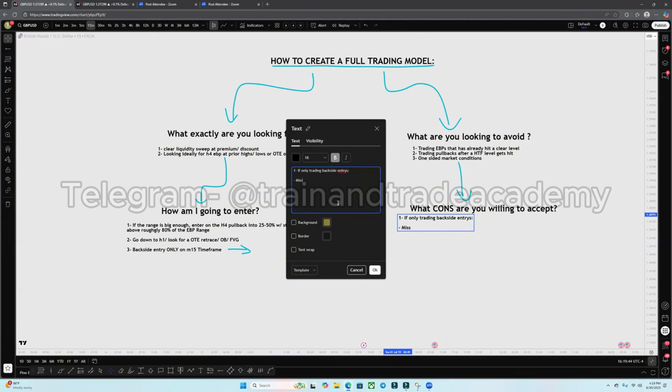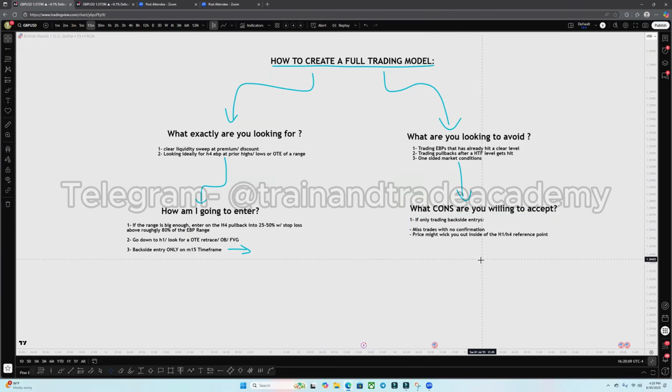You're going to miss trades with no confirmation. Price might wick you out inside of the H1/H4 reference point, or support, resistance, whatever the case is. These are going to be the cons that you're going to have to deal with when it comes to the backside entries, right? So what are the cons that you're willing to accept?